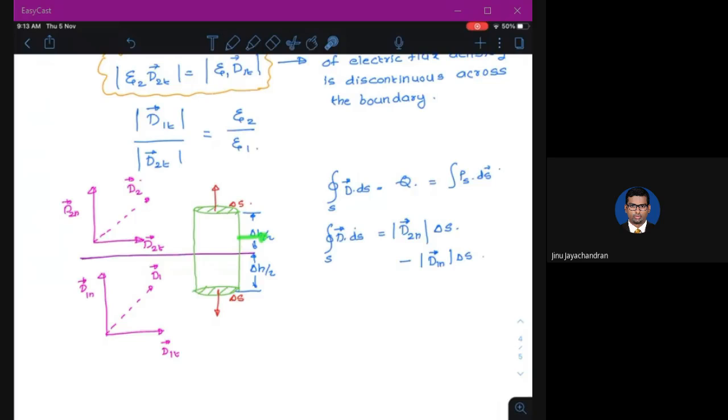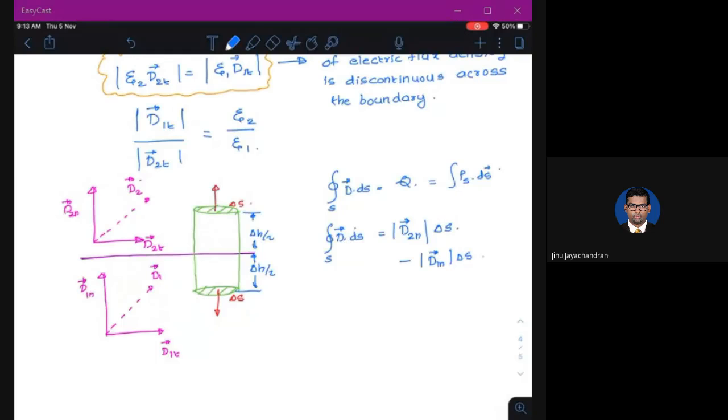There may be components of D along the curved surface. But what we are going to do is shrink this surface, make delta h tend to 0, because of which whatever components are on that cylindrical surface will vanish.